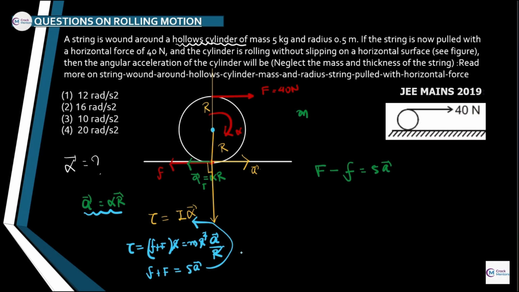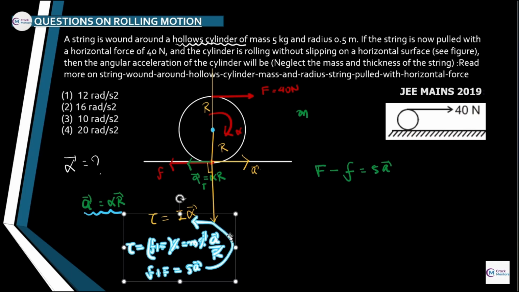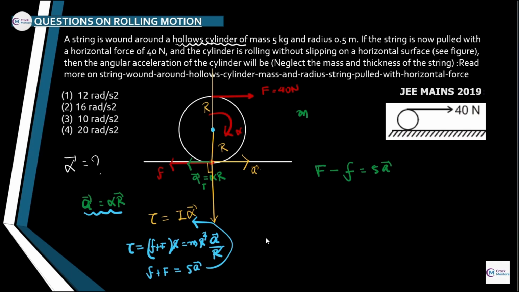There is one more arrow that I need to remove manually. Okay, that's done. Now friction plus F is equal to 5a.